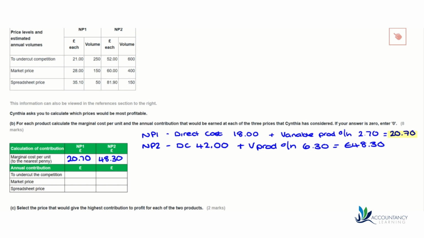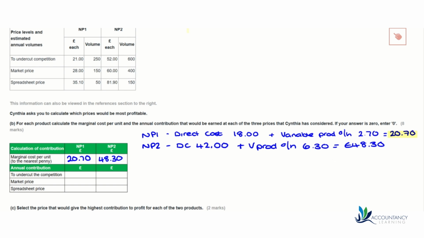And all we want to do now is, first and foremost, find out the difference from the estimated cost given above that Cynthia's put down as the 3 pricing. Find the difference between that and what the marginal cost is, and then we will multiply it by the volume.